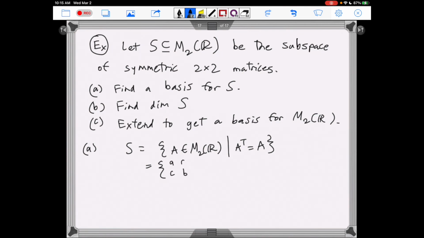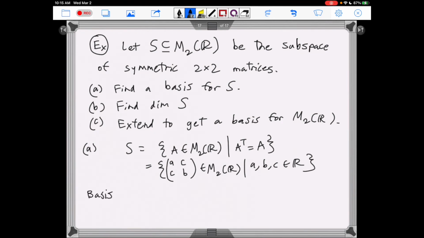We have A, B, C, C, right? The only way that a 2x2 matrix can equal its transpose is like that. So it's a set of all matrices where A, B, and C are real numbers, okay? So we can see right there that there's actually only 3 independent choices for real numbers, aren't there?